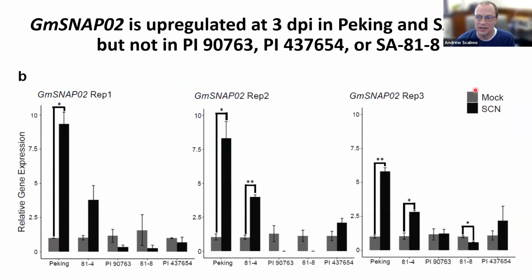What you see here is the mock, which is not infected plants, and then we have infected with SCN. This is 3 different biological reps. The important takeaway here is that in Peking, this gene is upregulated when the nematodes are infecting, meaning the plant senses infection and upregulates this gene.